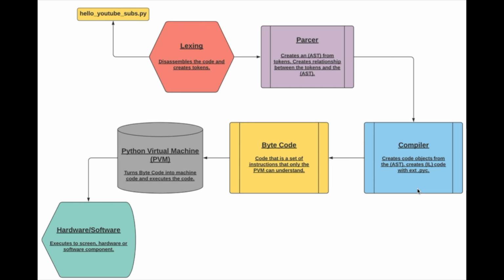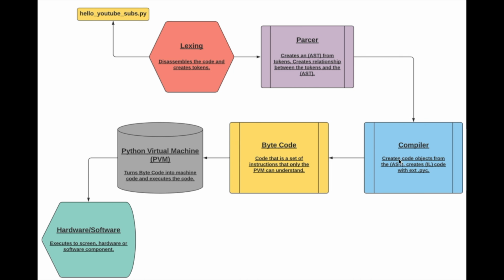This bytecode is also known as an intermediate language code, or ILC, and it has an extension of .pyc. When you open up one of these files, you could see some of the source code that you created, but most of it is garbled and unreadable because it's mostly in bytecode. It's not necessarily machine code yet, and it's not readable by us.